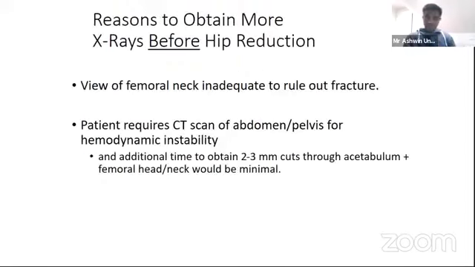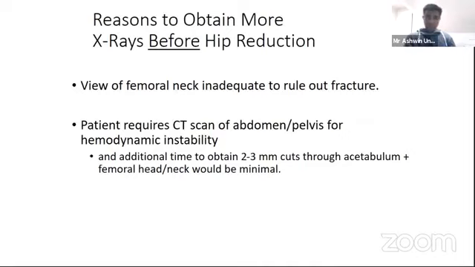Now, first and foremost is to obtain an X-ray. In this day and age, the majority of the time we will have a head, neck, chest, and pelvic CT scan as part of the trauma series, and hence we would be able to find any associated injuries.